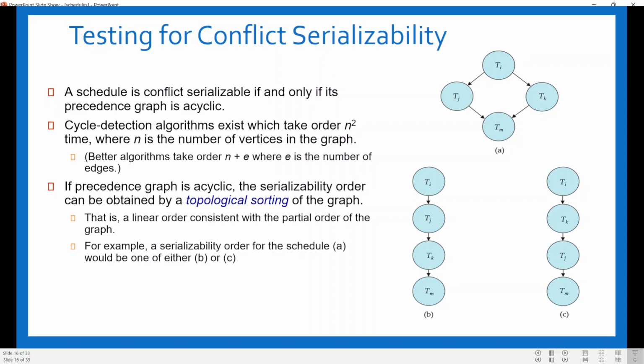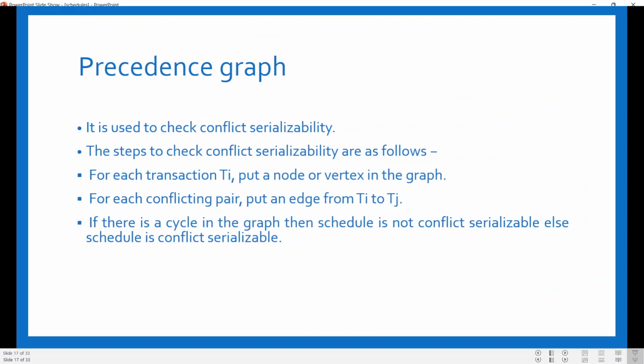So let us consider how we will be checking conflict serializability. As I said, we can use a precedence graph to check it. Given a set of transactions, for each transaction Ti we put a node or vertex in the graph.